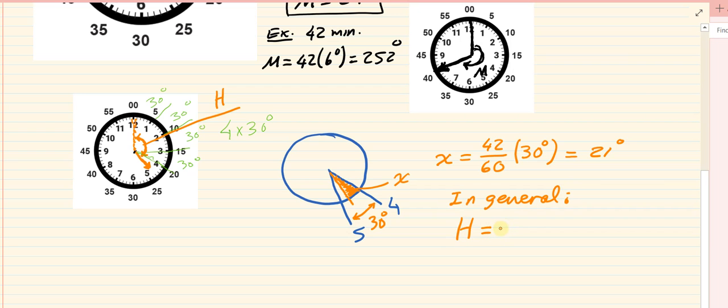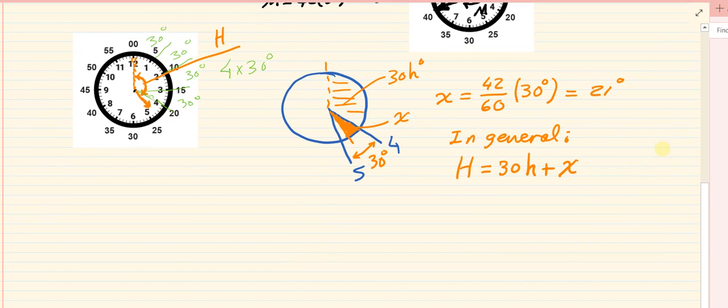It's going to be 30, because it's 30 degrees per hour, times the number of whole hours, plus x. X is the part of the hour due to the minute hand. So there you go. And let's call this part 30h degrees. So that's the general formula for how far the hour hand has moved.